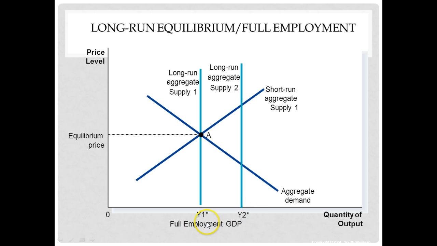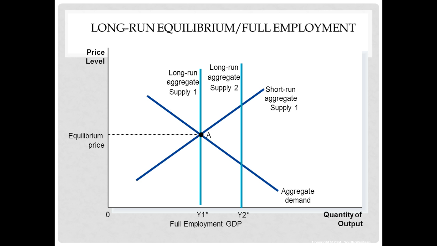We used to only need to produce Y1 to be in full employment. So in effect, because our muscles are bigger, because we've grown our economy, we actually need to produce more to say that we're using our muscles as best as we can. So a second way to illustrate economic growth is to shift the long run aggregate supply curve.